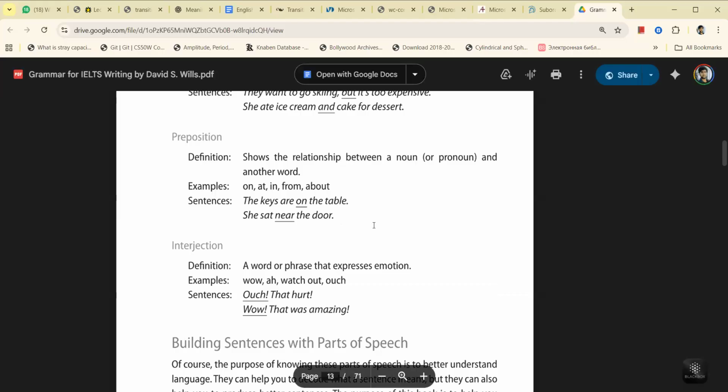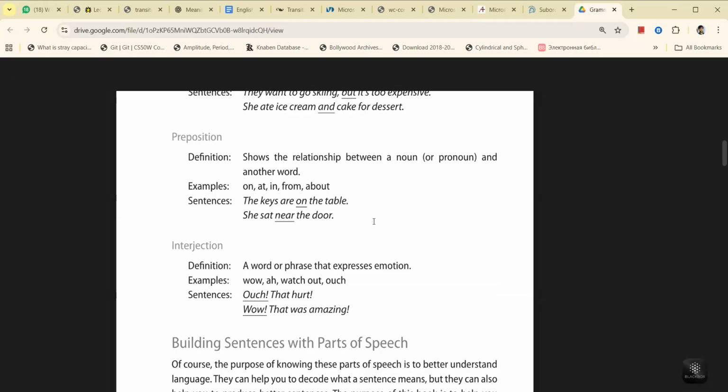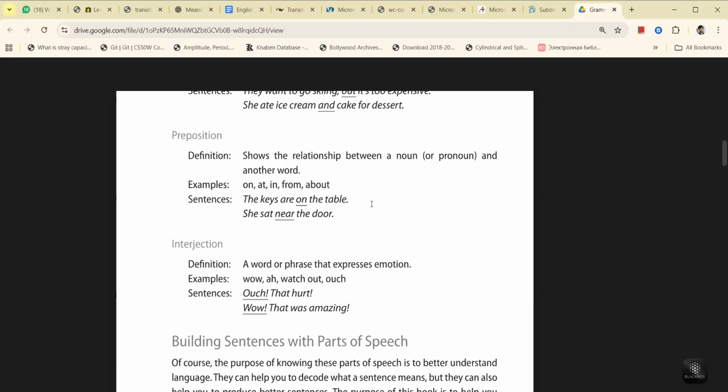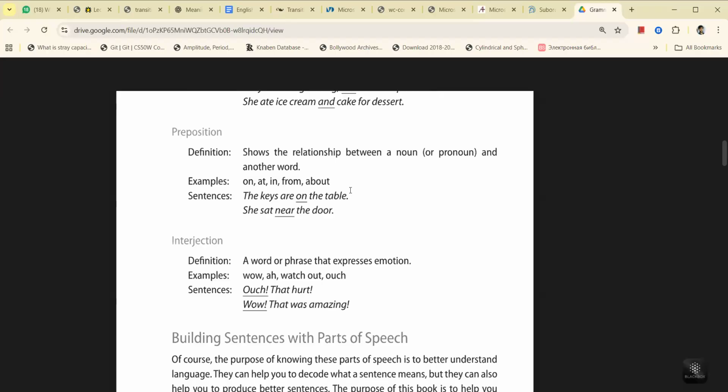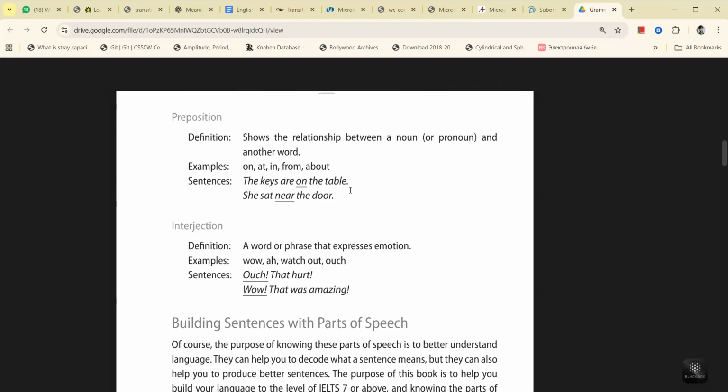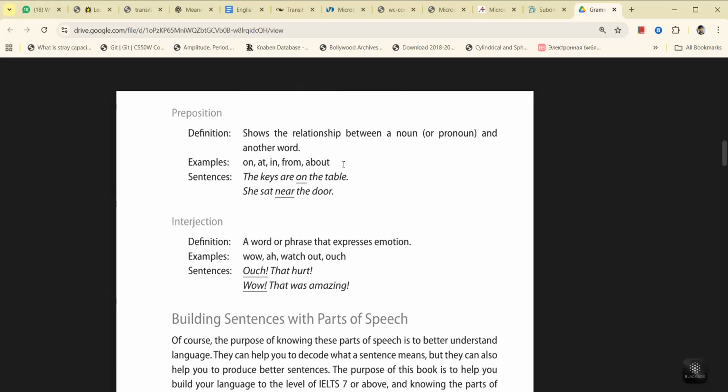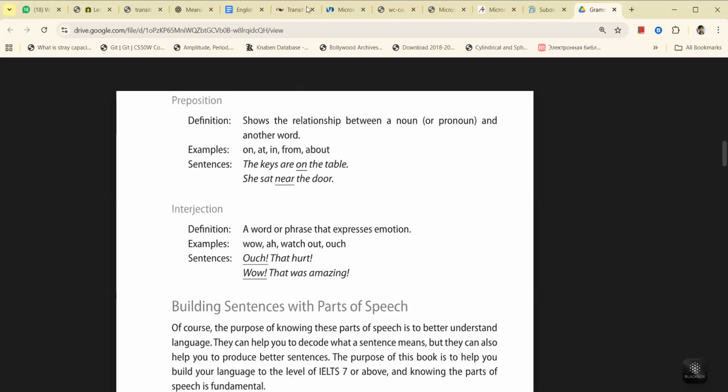So the point to note here is that without parts of speech, you are not able to understand properly. You have to get a good grip on the parts of speech, and then you will see how you can understand each sentence and make the meaning clear.